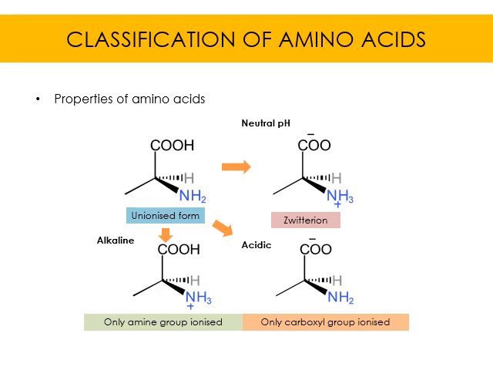The pH at which the dipolar ion is electrically neutral, we call the isoelectric point. If we titrate this zwitterion with base, the amine group is going to be deprotonated in the alkaline condition. But if you titrate this zwitterion with acid, the carboxyl group of the amino acid is going to be protonated.